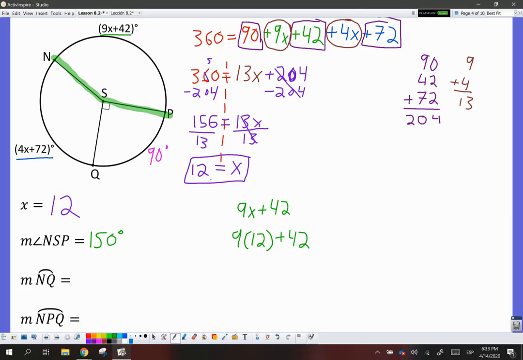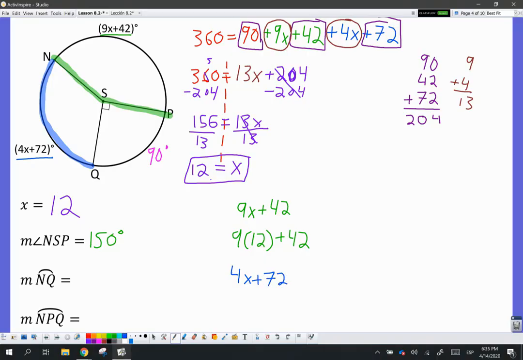Now we need to find the measure of arc NQ. So again, I'm going to start from N, and I'm going to go to Q. It's a minor arc. There's only 2 letters, so I'm not going this way around. I'm only going this way. Now again, I don't know what the measure of the angle is, but I know the measure of the arc is 4x plus 72.